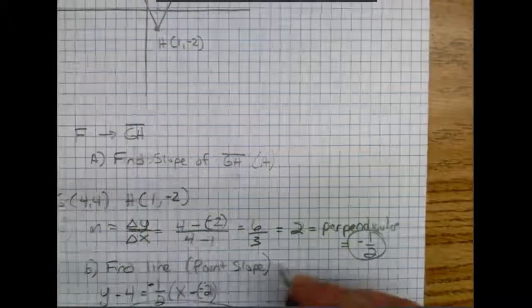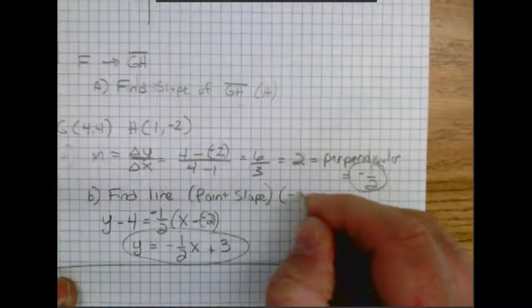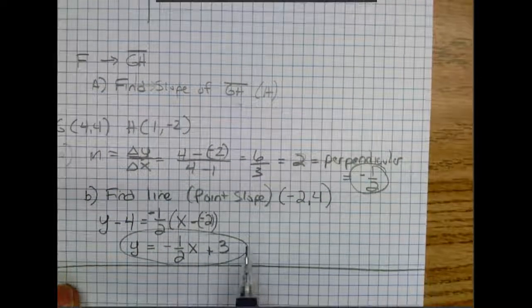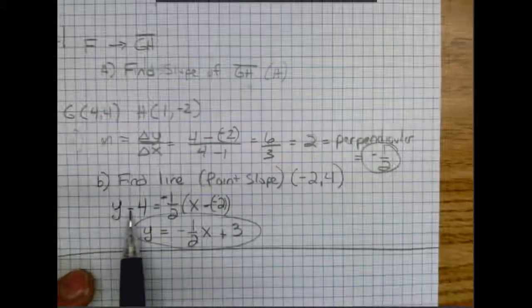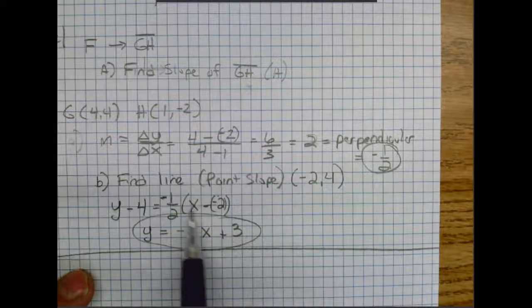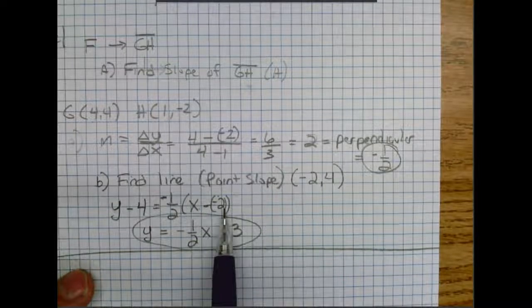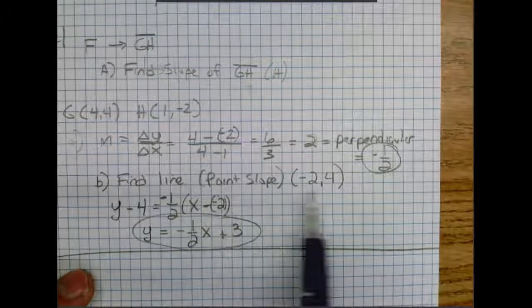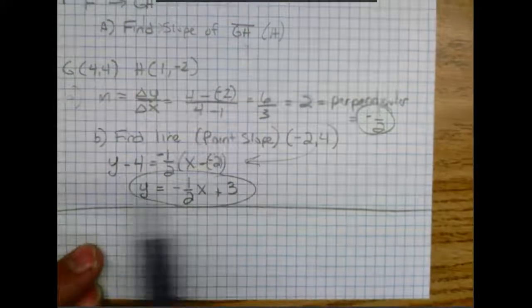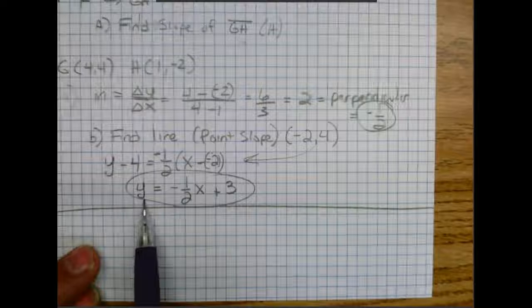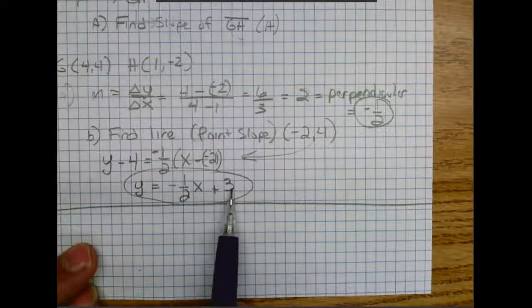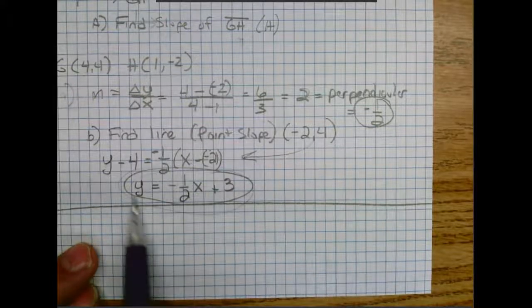So the point-slope form is: y minus 4 equals -1/2 times (x minus -2). Plugging these points into that equation and solving, we come up with the equation y = -1/2 x + 3. So we got an equation for the first line.